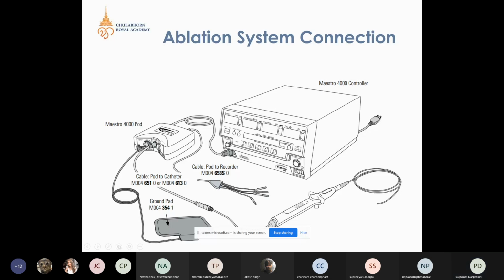And of course, if you want to see the electrical signal from the ablation, you're going to have to connect the ablation system to the junction box with these 4 pins, to make a connection between the ablation system and the junction box to see the ablation signal.